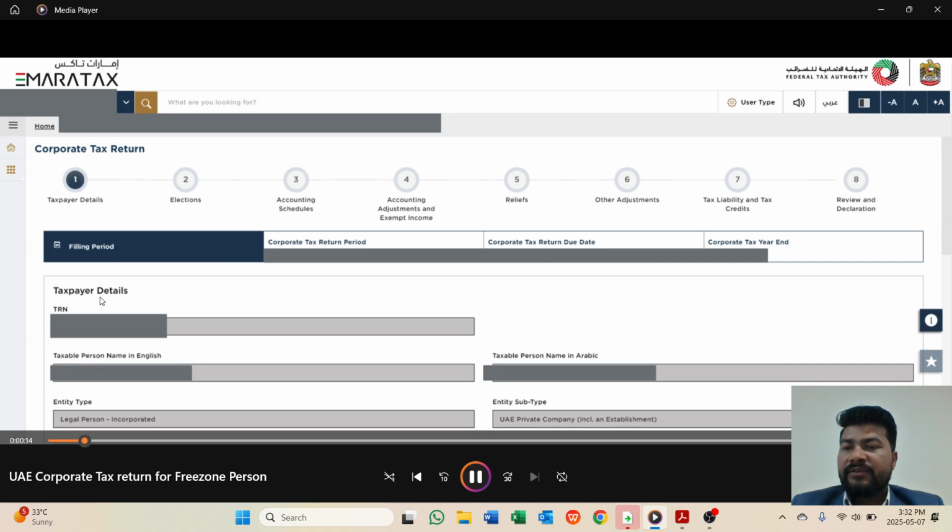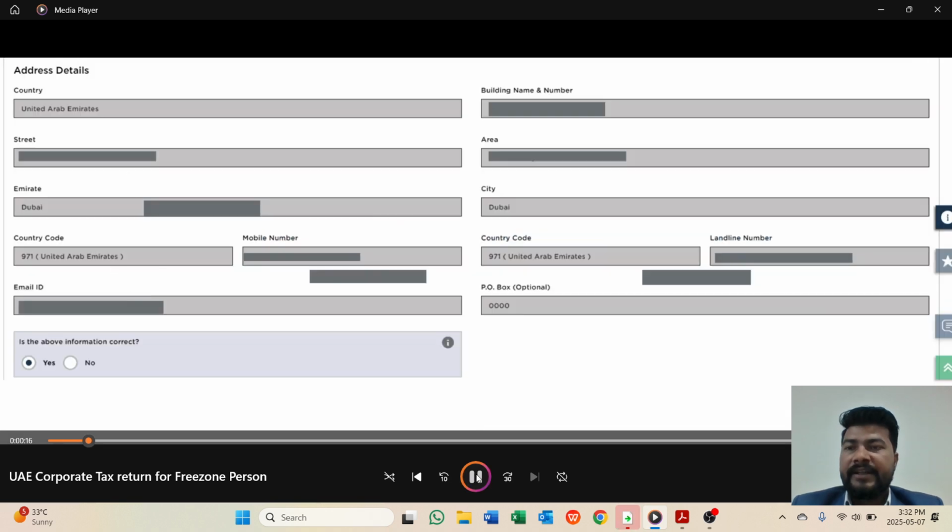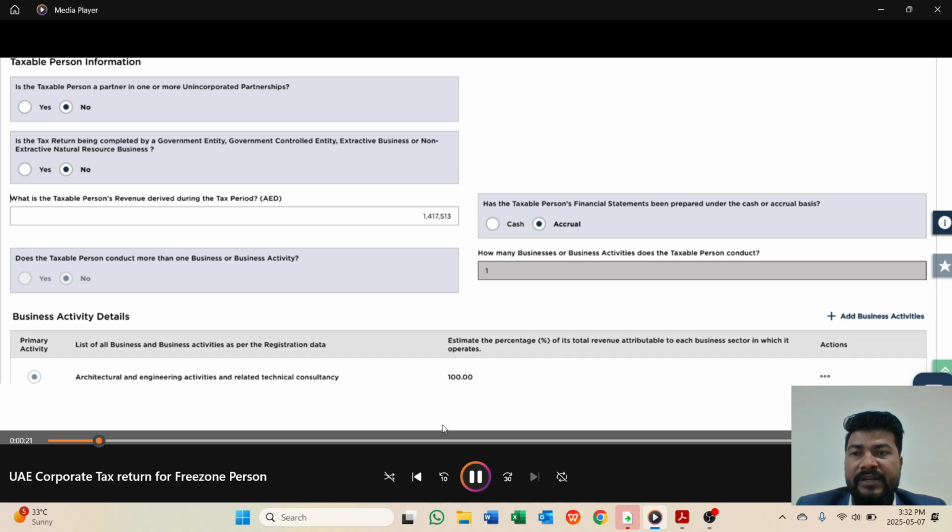First, the address and other details will be auto-populated, so you don't need to do anything. It will be auto-captured from the registration details. You will be asked, is the above information correct? If anything is wrong, you just amend it, otherwise you can say yes.